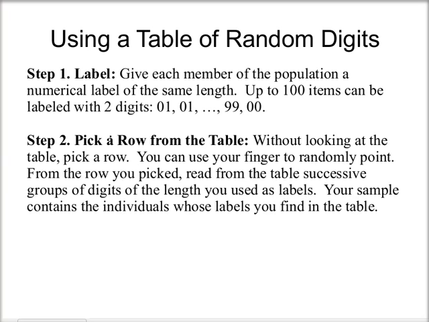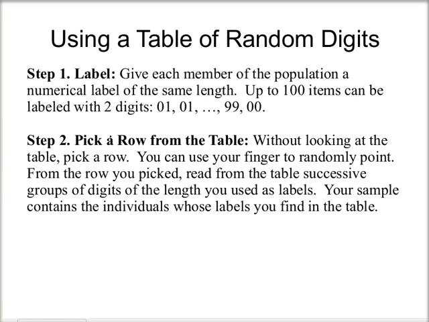My next step is to pick a row from the table. Without looking at the table, you can just use your finger to randomly point and select a row. And there's a table of random digits in your book that you can use for this. Your sample set is going to contain the individuals whose labels you find in the table starting from that row.